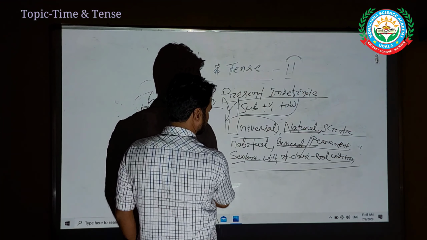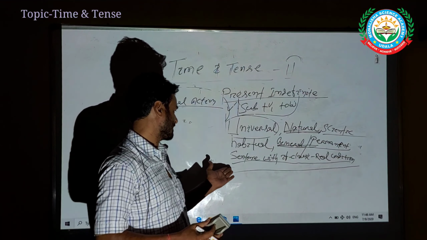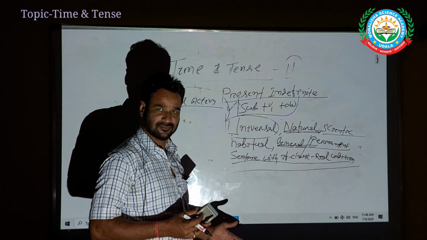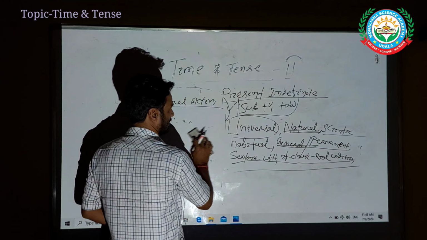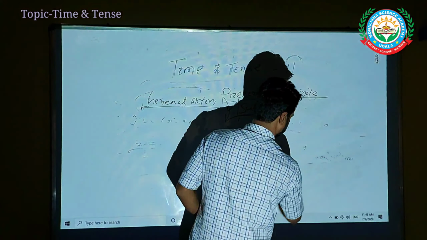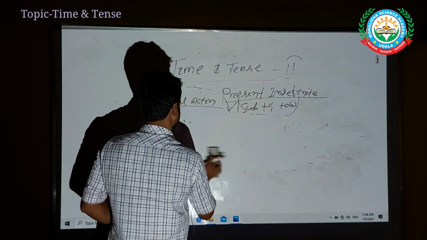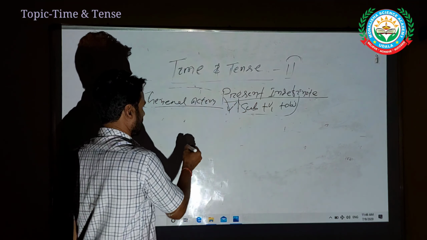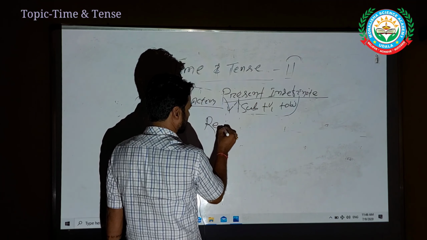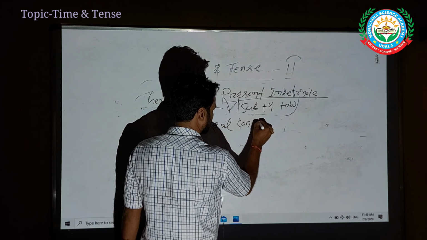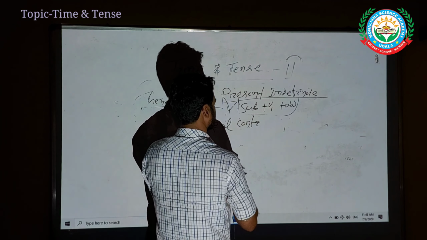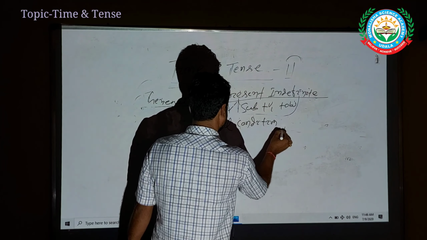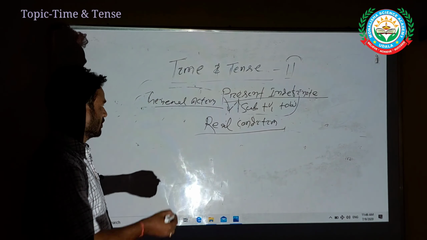The last one is when we want to express a dialogue with a real condition. That is the if clause, and for that let me write the structure of the if clause. When we want to express a condition, we call it a real condition with if clause.